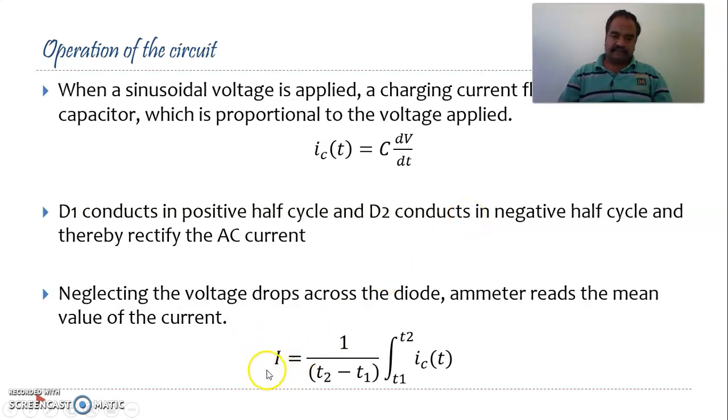This capital I is the current measured by your ammeter, which is nothing but the average value of the rectified current, which means the average value of the current flowing through diode D1. Assuming that D1 allows the current in one half cycle, let us consider T1 to T2, then this is the average value of IC.